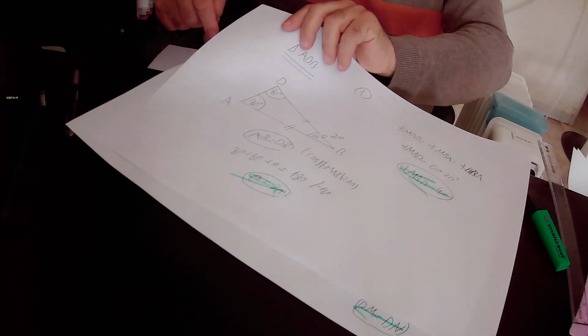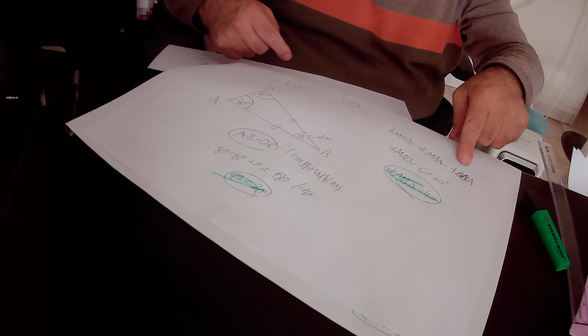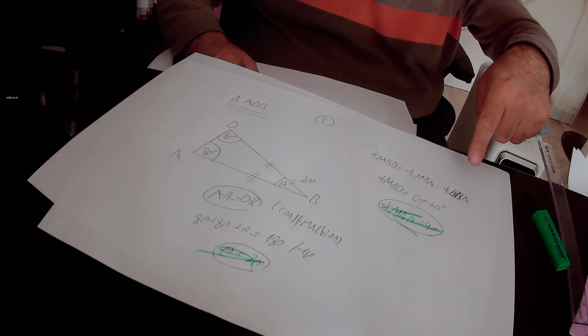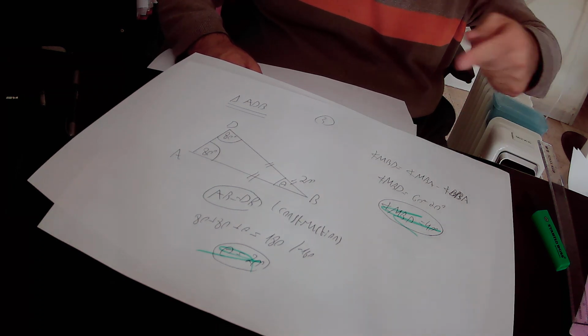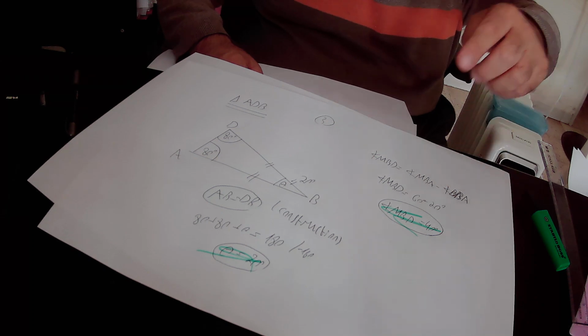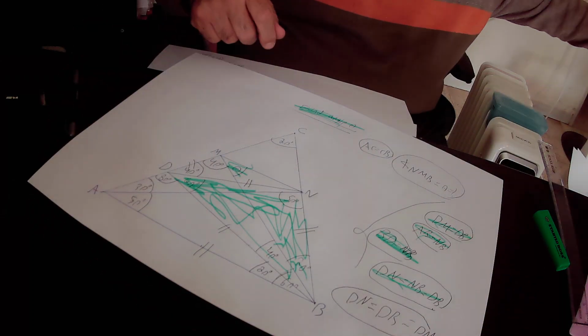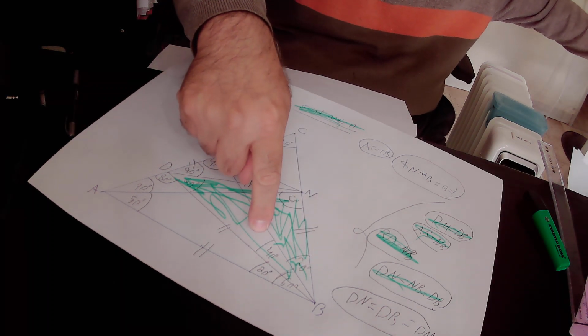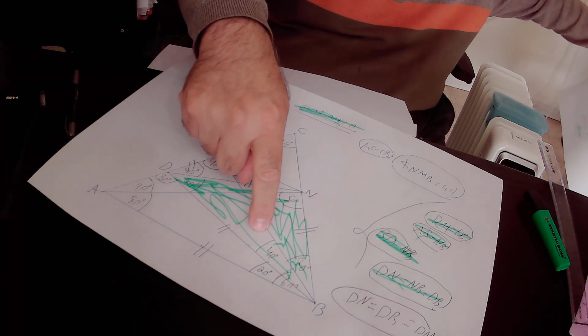The big angle ABM equals 60 degrees. The small angle ABD equals 20 degrees. Therefore, the missing angle is equal to 60 degrees minus 20 degrees, that is 40 degrees. The missing angle MBD equals 40 degrees in its size.